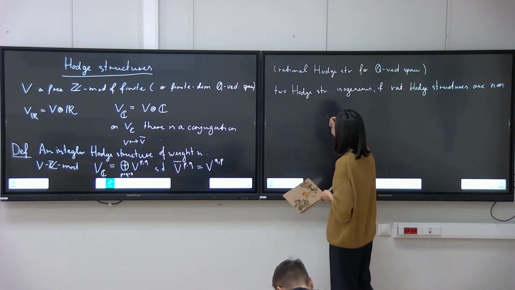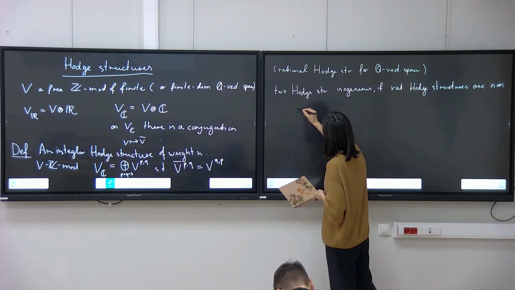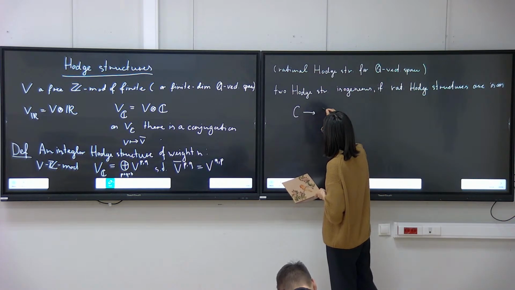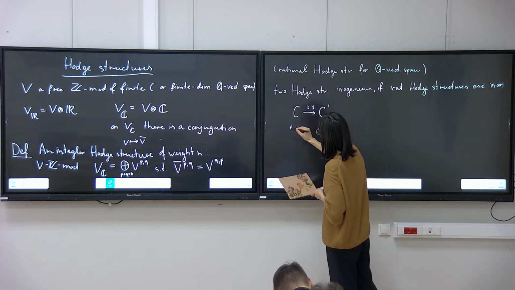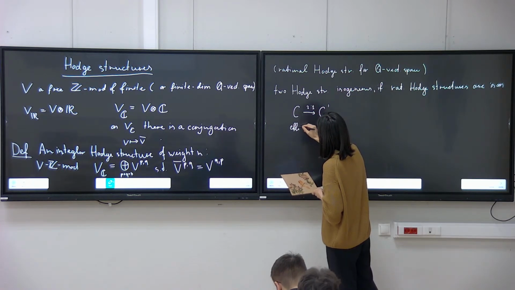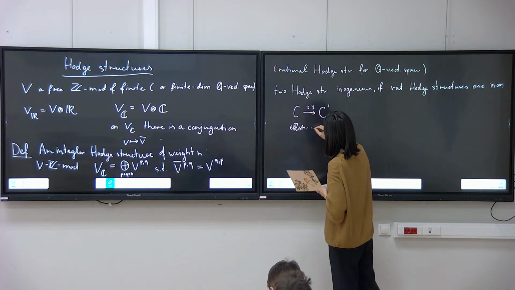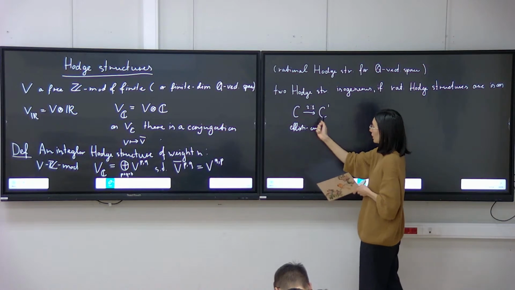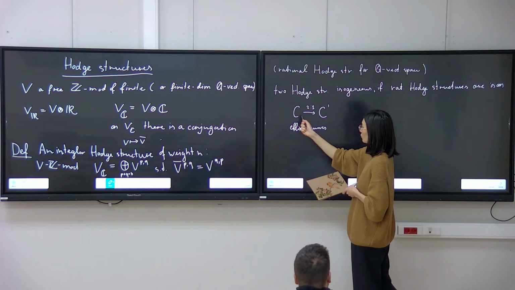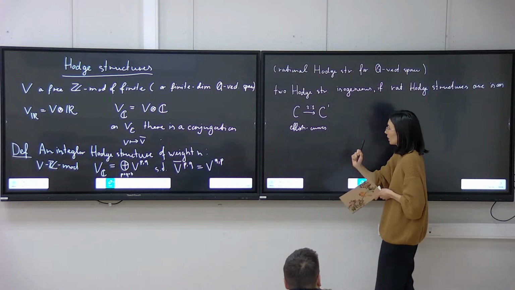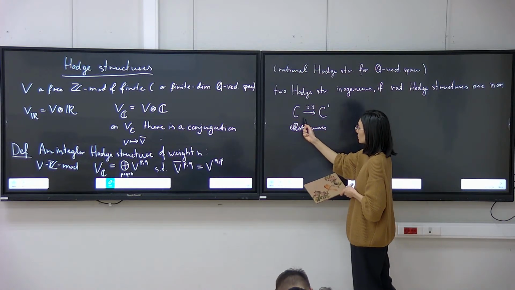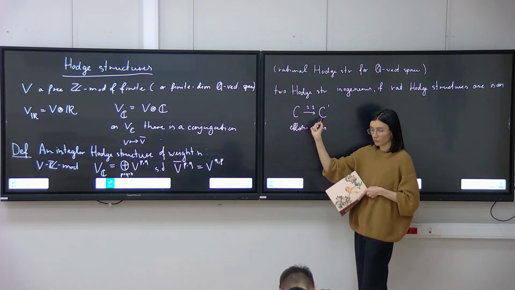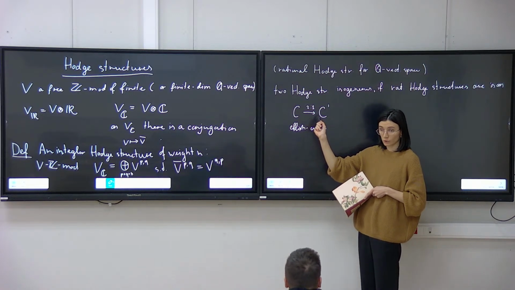So let me give an example. How does it work? For example, consider two elliptic curves, and suppose that we have a double covering between them. What is the ramification of the corresponding double covering for elliptic curves?